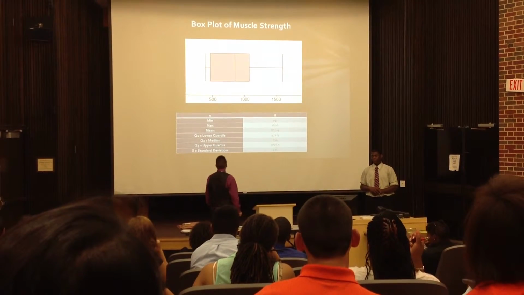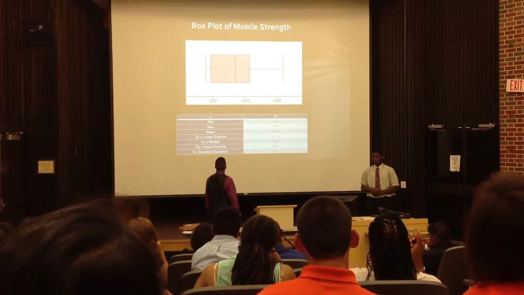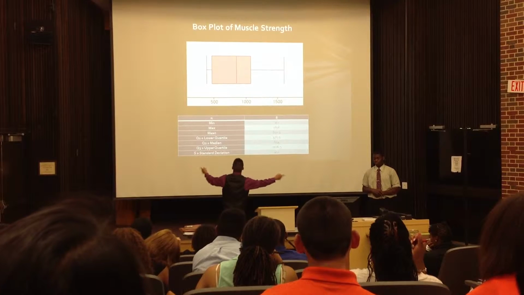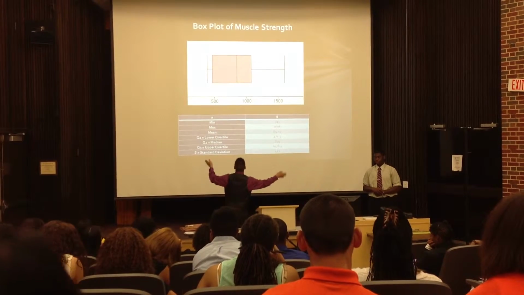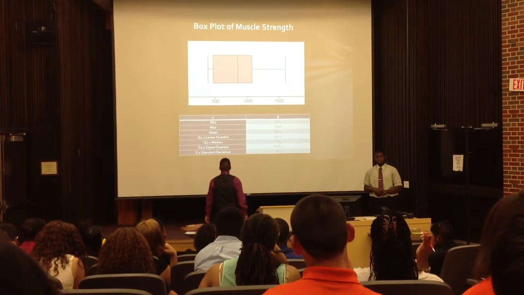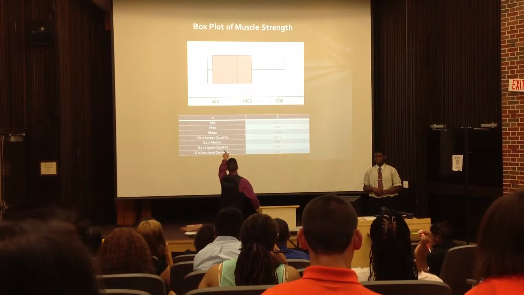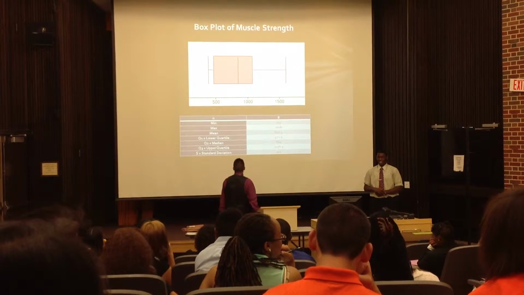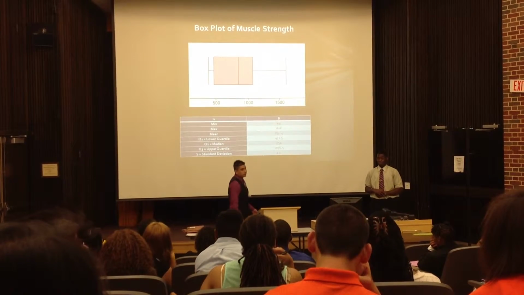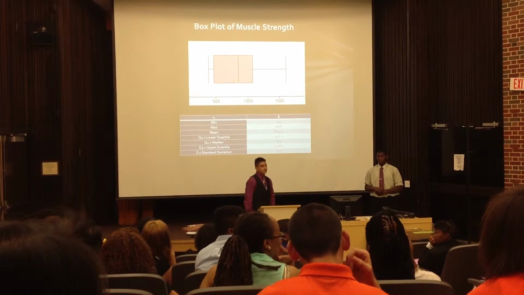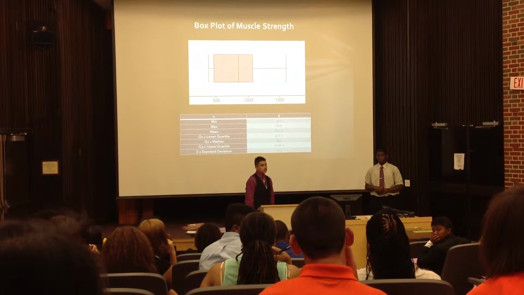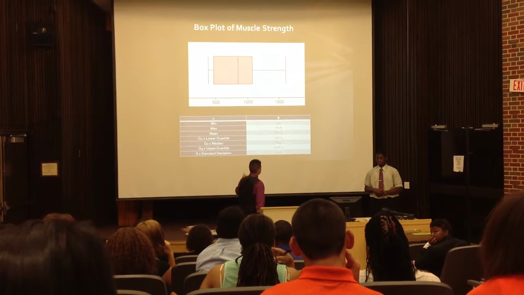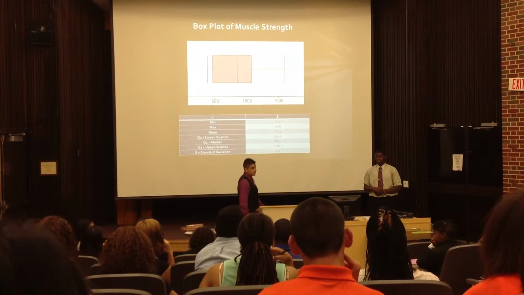The median is the middle one, while the max and minimum are the two outlines, and the upper quartile and the lower quartile are the upper box and the lower box. The left box is the lower quartile of the right arm. What was that one that's in the very middle of the box? The median.